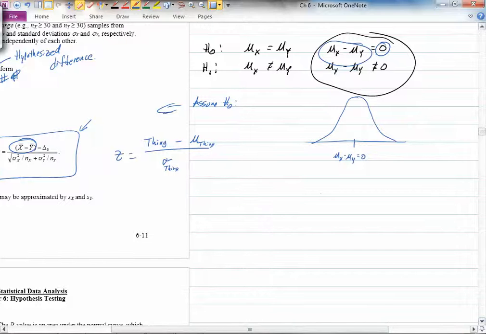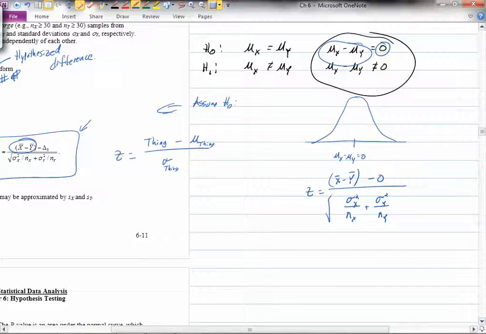So in our case, above here, we would say z would be x bar minus y bar minus 0, which is our hypothesized difference, over the noise in the difference between two means. And we did that before. Linear combination of random variables.